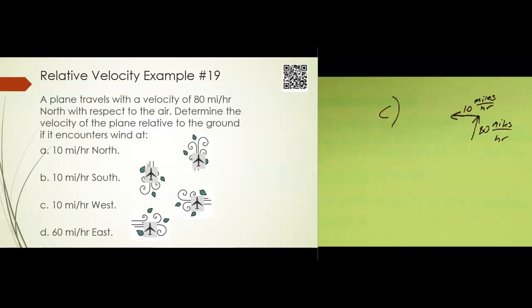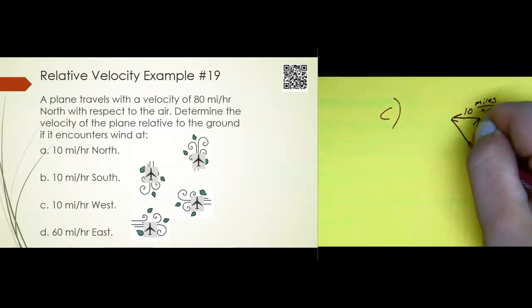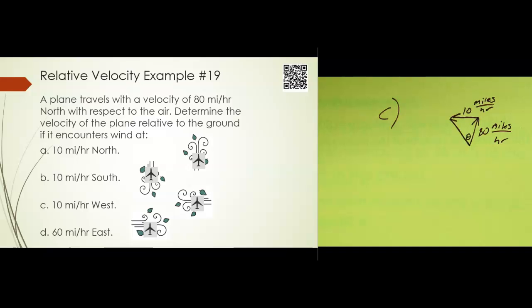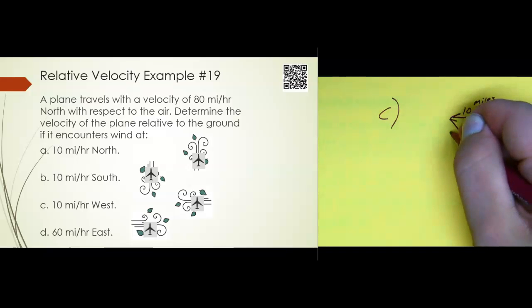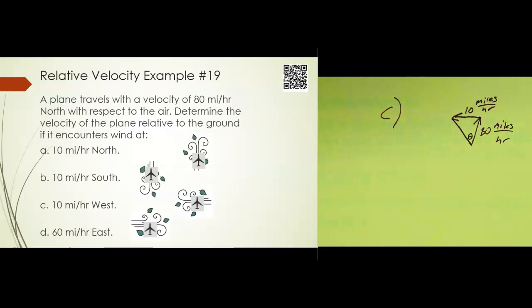Here I'm going to actually have to find my magnitude and my theta. So what is this angle, and what is my hypotenuse? You can just do a squared plus b squared equals c squared in your calculator. So I have 2 sig figs. Take the square root of that, so 81.